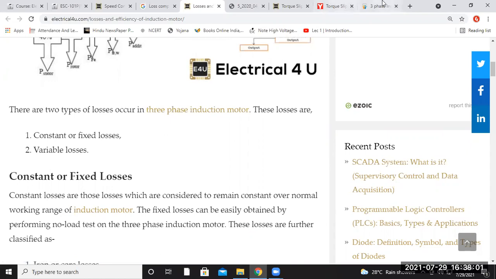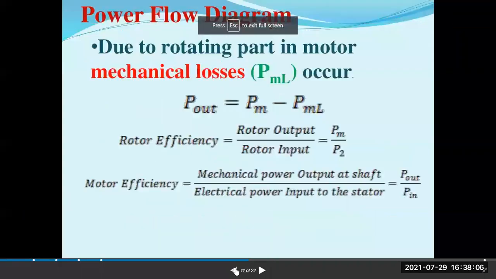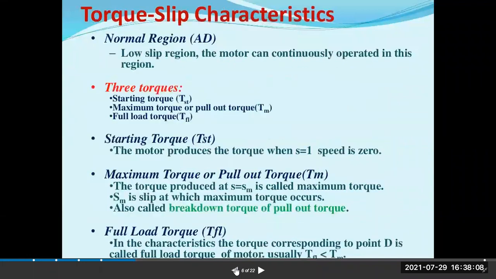All of you must take the screenshot of the topic that I have taught. I am again showing the presentation, or PPT.